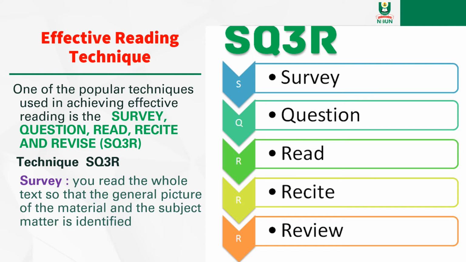SQ3R means S stands for survey, Q stands for question. The first R stands for read, the second one for recite, and the last one for revise.